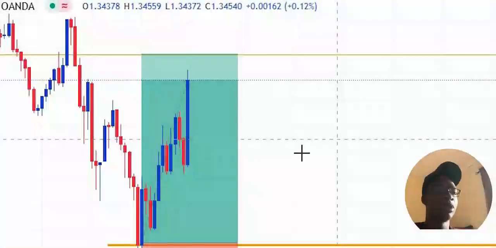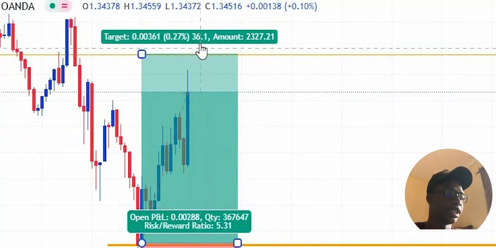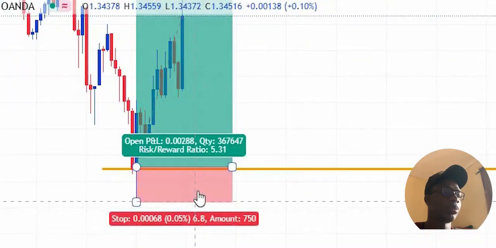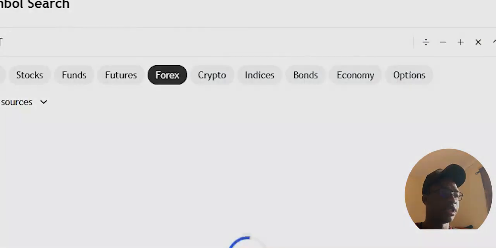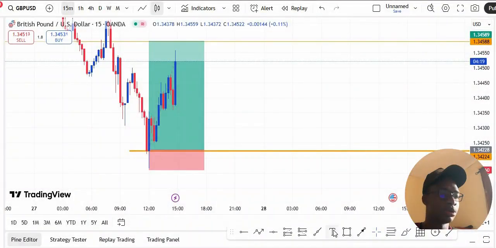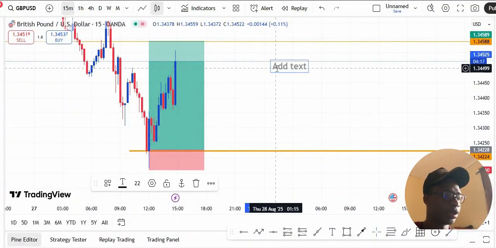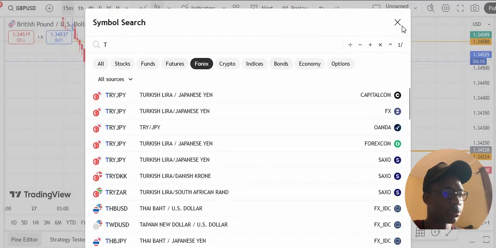So we are calculating this based off of pips. The take profit is 36.1 pips, and the stop loss is 6.8 pips. So I want to write that down.